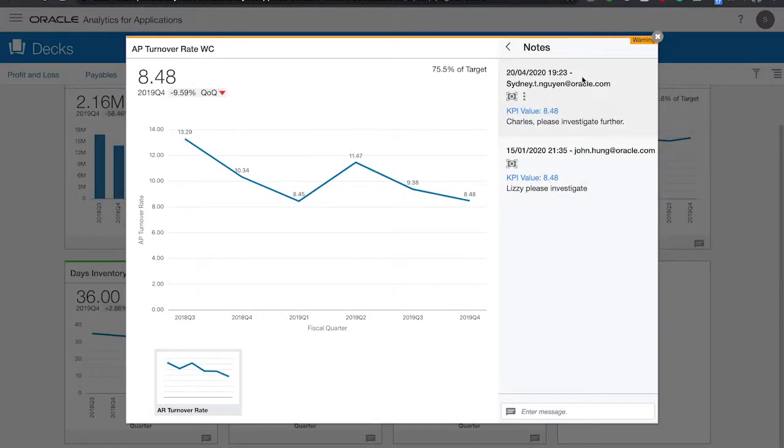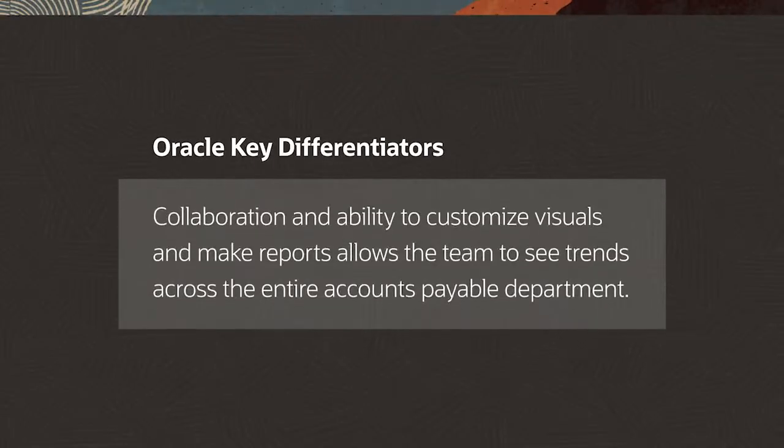And once the note is added, his business analyst will be notified of this note, and it's going to let him know that he needs to take action, whether that's create a new report and find some pre-made reports and visualizations that he can then send over to the financial manager.